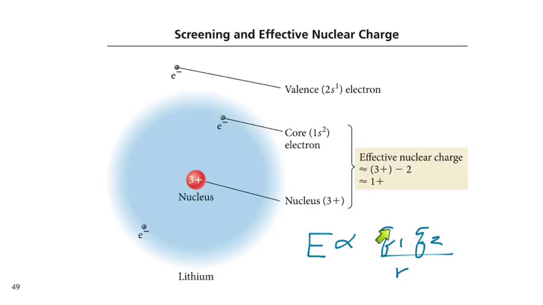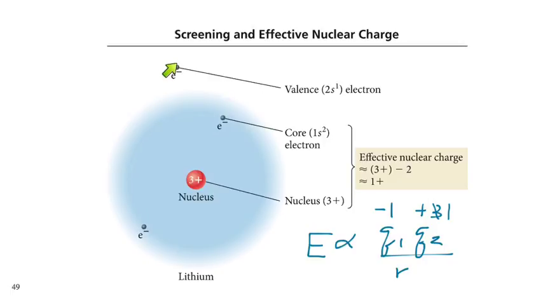So if you have the electron being -1 and the nucleus being +3, that product is -3. But if this is +1, now the product is +1. And so this is experiencing only a third of the attraction that the others are.